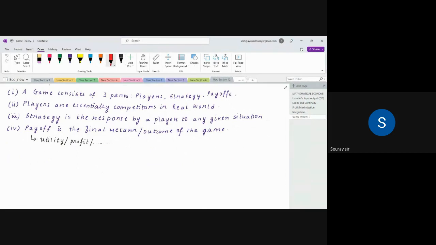So we will be starting with a two-player game. Player one, which in short I will be writing as P1, and player two, I would be writing as P2.